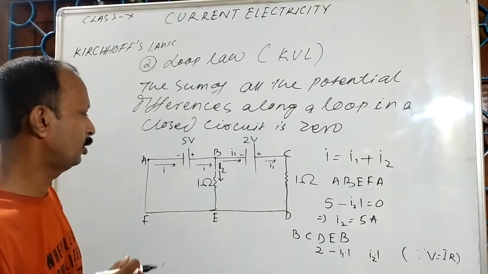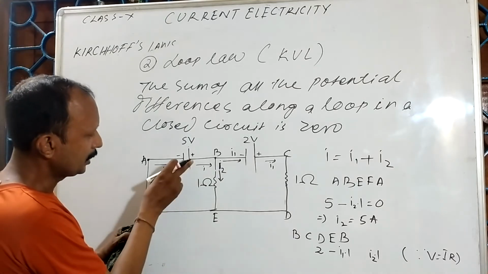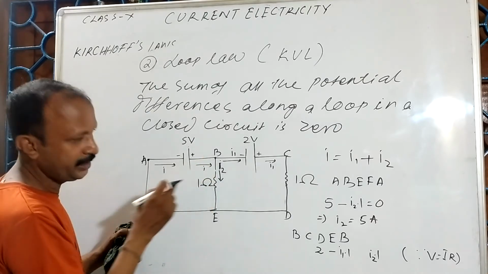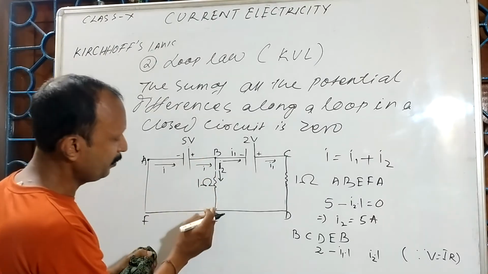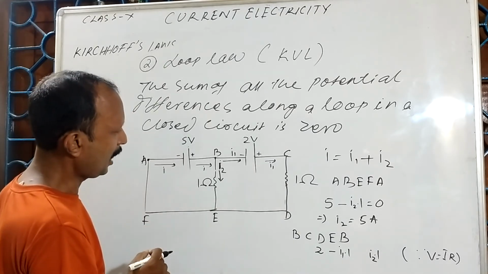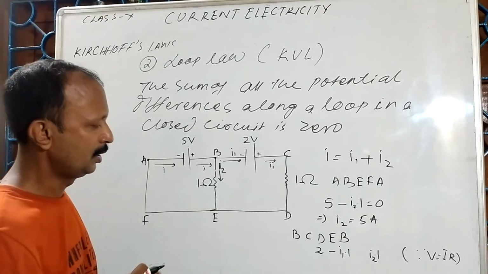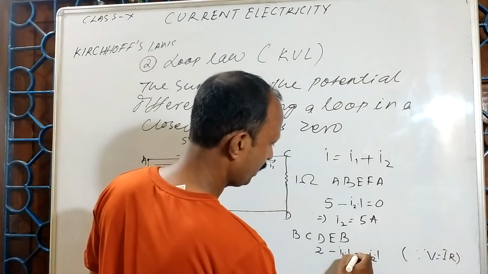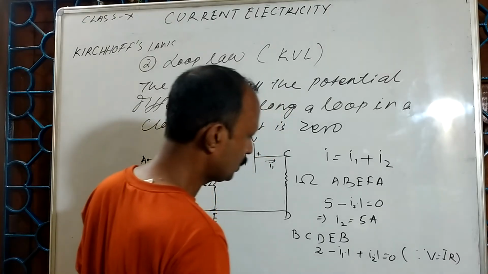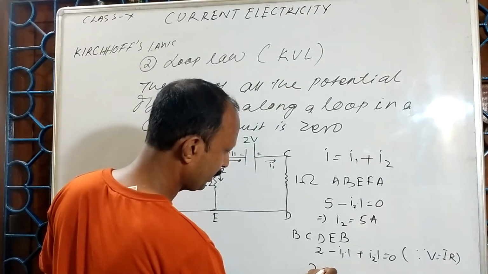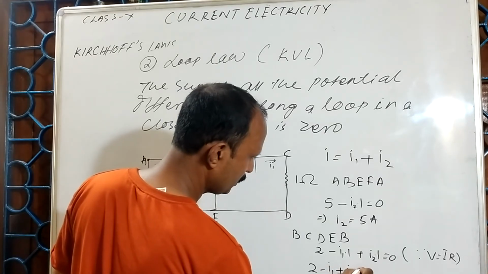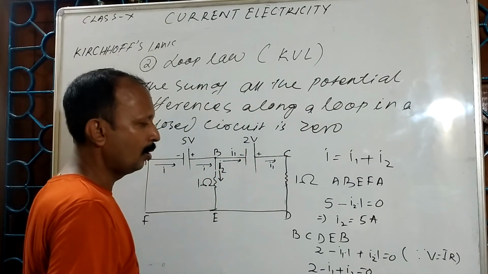I shall take it positive, because that time when I moved here, I took it as negative. So whenever I am going in the opposite direction, I have to take it as positive. That's why I am writing this positive. This is equal to 0, or 2 minus I1 plus I2 is equal to 0.